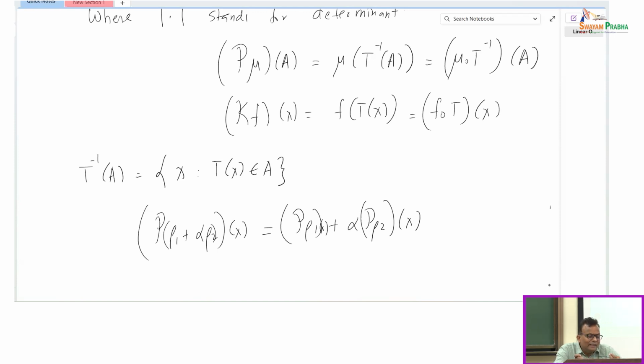These two actually enjoy a duality property. What do you mean by dual? Dual is defined here in the function space.